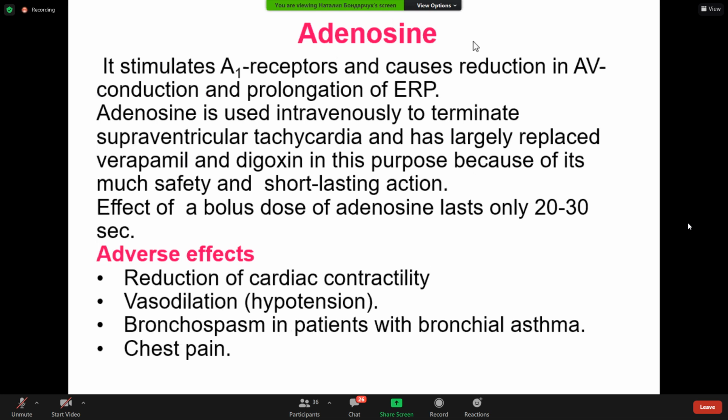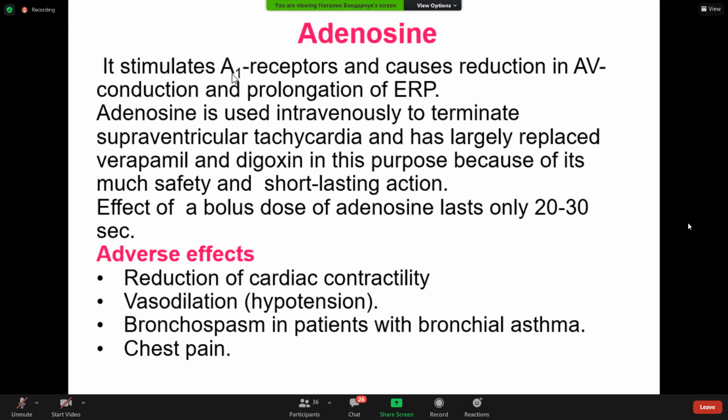So that's why we can't use adenosine as antiarrhythmic in patients with bronchial asthma. A2 adenosine receptors were localized in platelets, and stimulation of such receptors in platelets by adenosine provides antiplatelet effect. This is beneficial if the patient has, for example, arrhythmias.